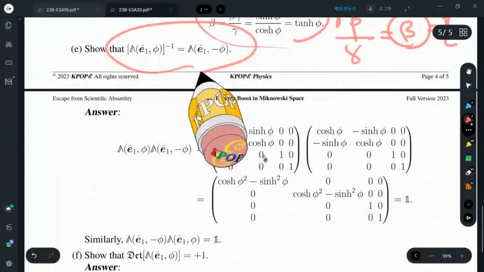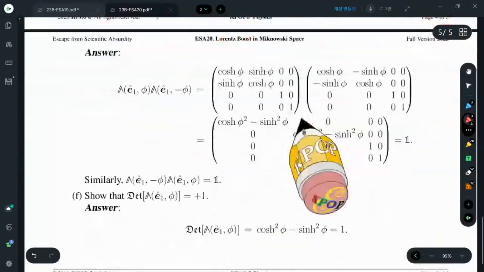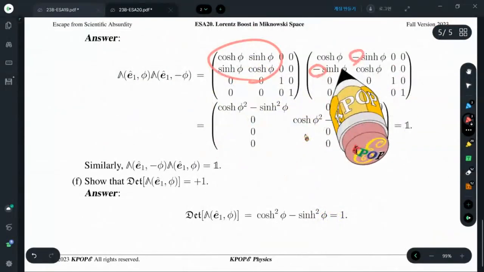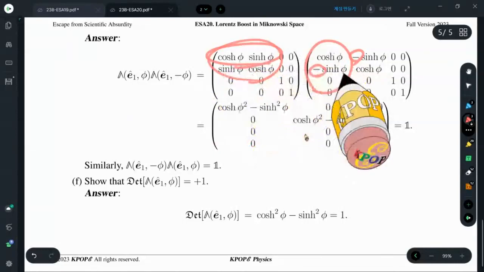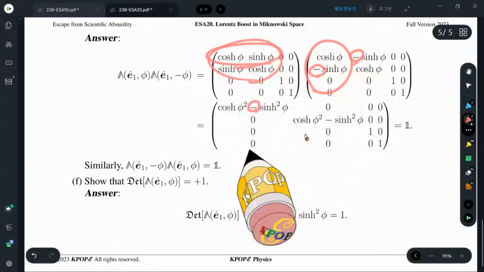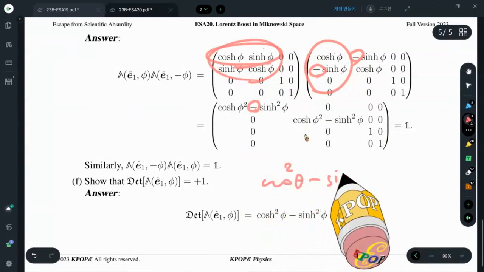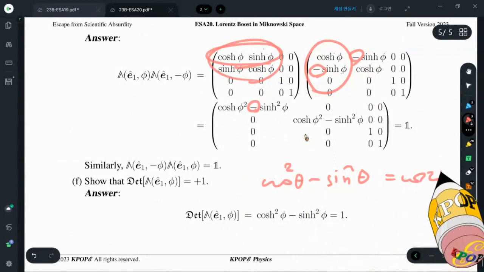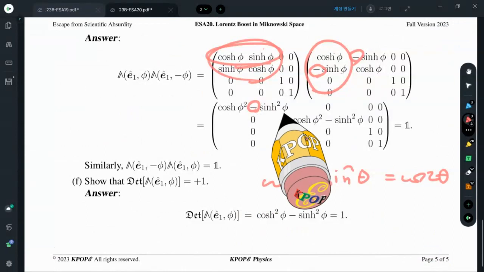Similarly to the rotation, we'd like to see what the inverse matrix for the boost transformation is. The answer is to put the negative sign on it. Is it true? Let's multiply this guy to here: cos, sin, sin, minus. If I had cosine squared theta minus sine squared theta, it's wrong. It is cosine 2 theta. What's that?